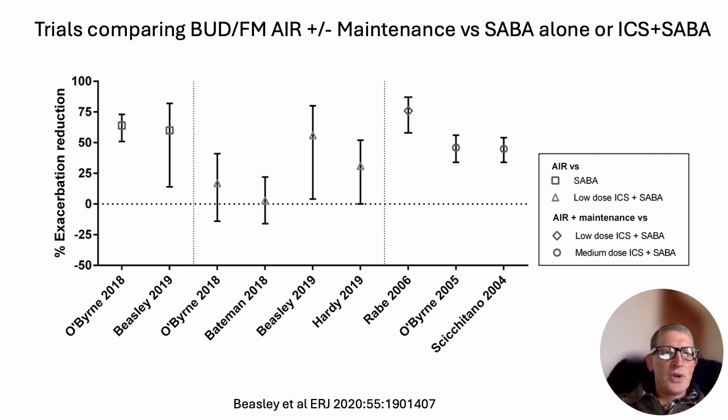So a change where the bottom end of the confidence interval excludes 0 in terms of percentage exacerbation reduction is a significant reduction in the exacerbation burden.